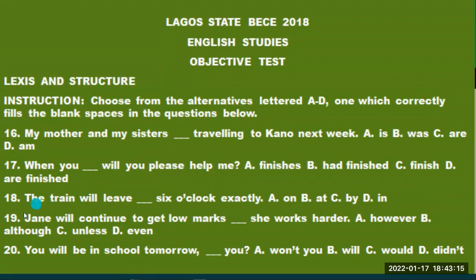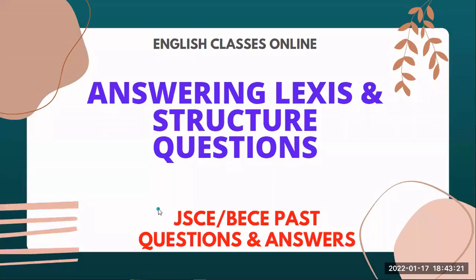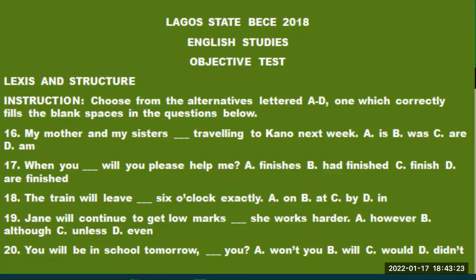Question number 18. The train will leave dash 6 o'clock exactly. Now, what is required here is the correct use of preposition of time. We need a preposition of time that we collocate with the exact time. All right, the exact time.